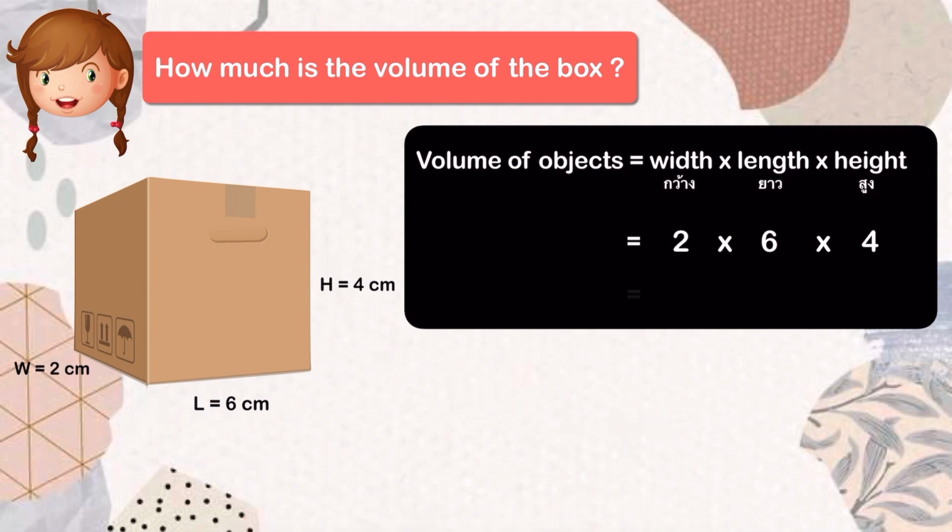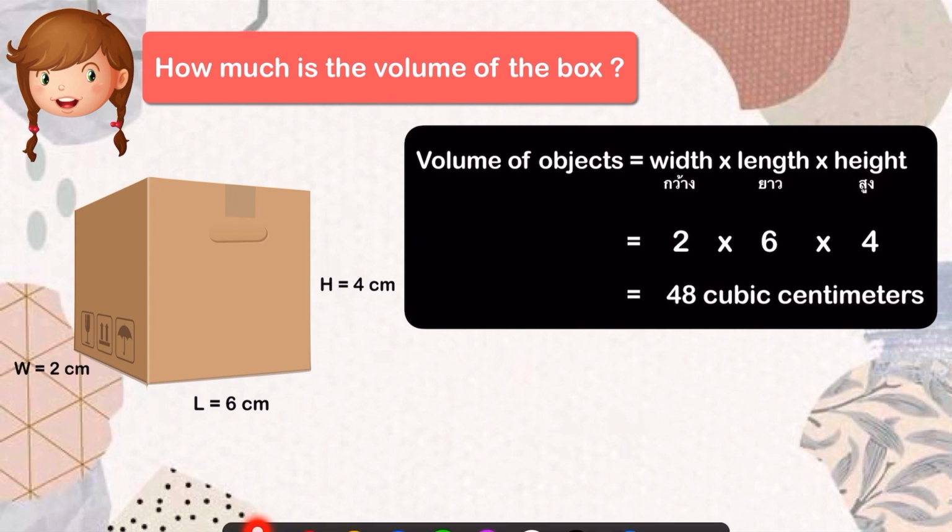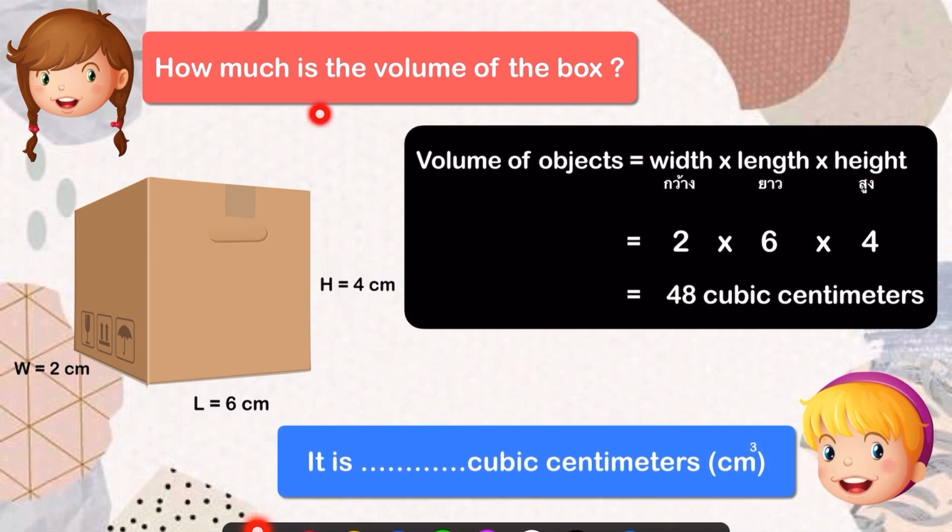Then you will get 48 cubic centimeters. When you find the volume, we measure it in the unit of cubic centimeters. So, how much is the volume of the box? It is 48 cubic centimeters.